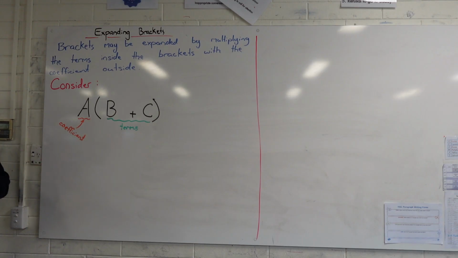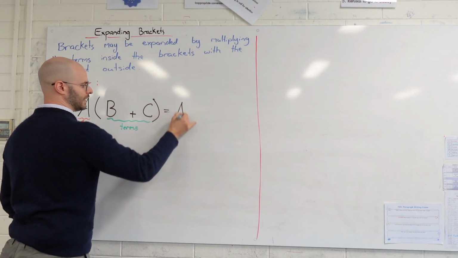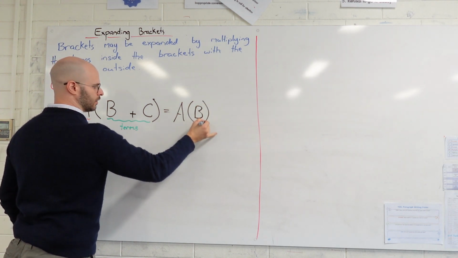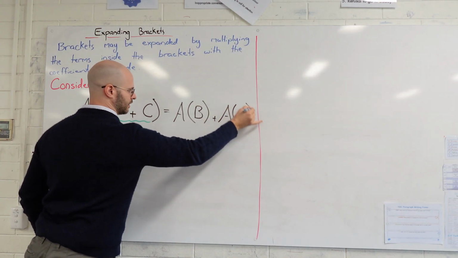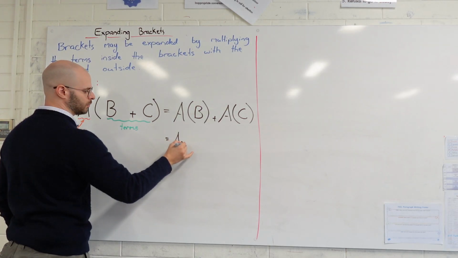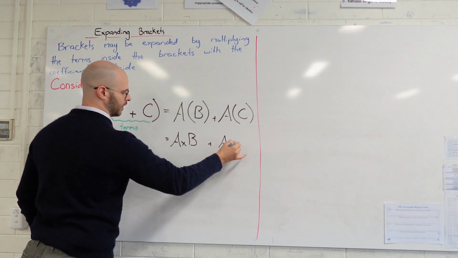So if we expand this out, then the rule is going to become, firstly, A goes on to B, plus A onto C. And then it's going to become A times B plus A times C.